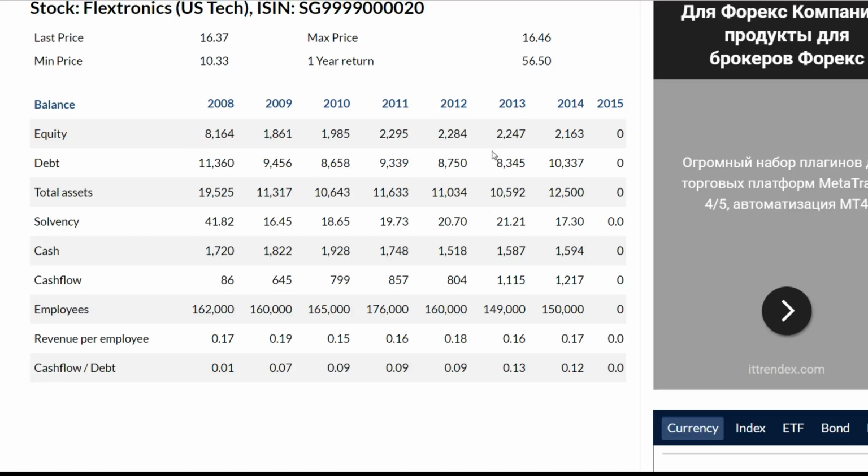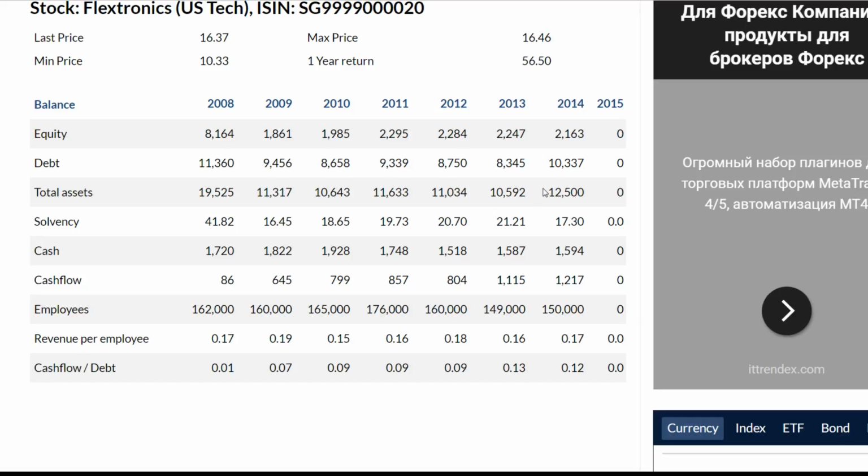In 2013, the balance sheet decreased to 10.5 billion US dollars. It's the lowest value. And the equity equaled to 2.2 billion dollars. This is around 21% of the total balance sheet.